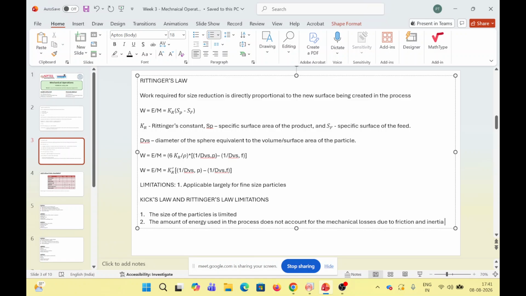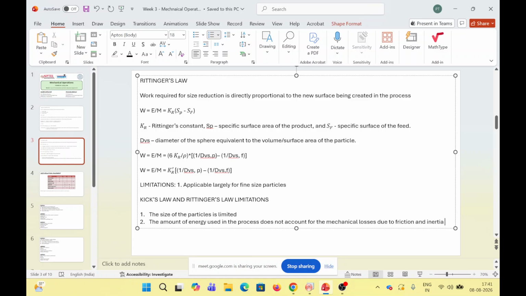In any kind of equipment that you use, it is not an ideal case where the entire amount of energy that you spend is used for the intended purpose.